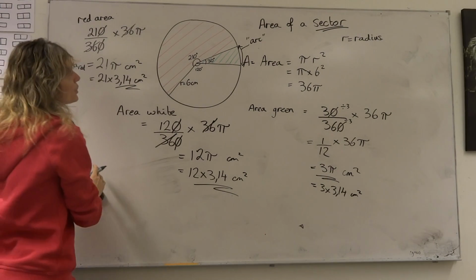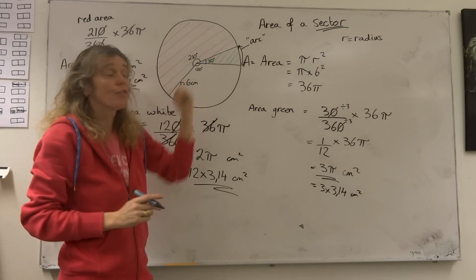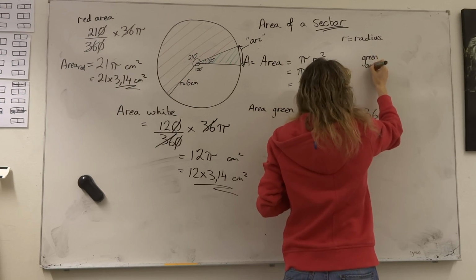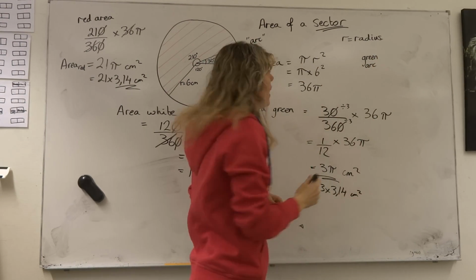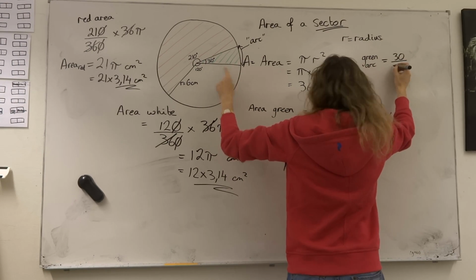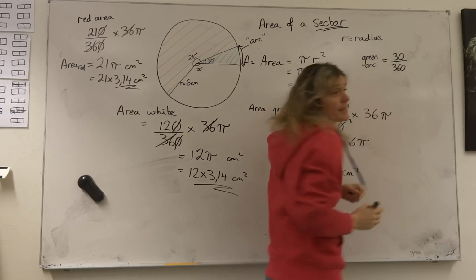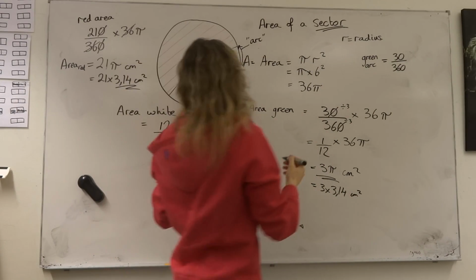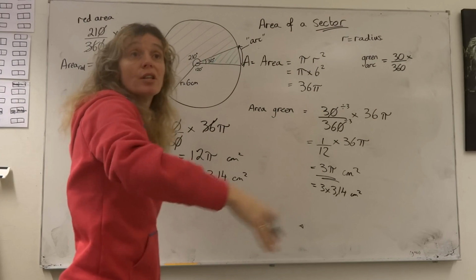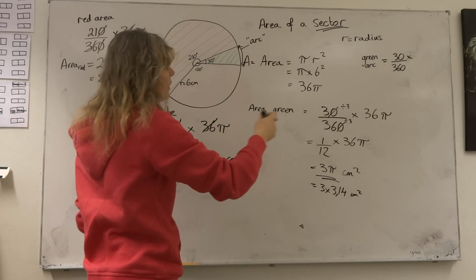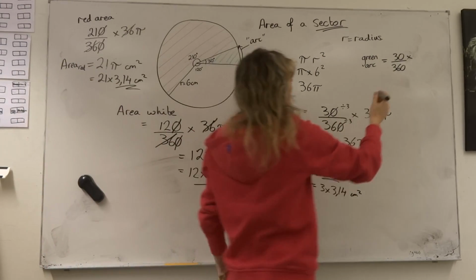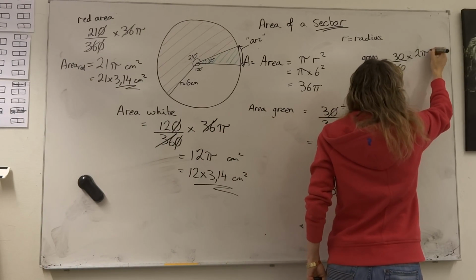So if you would like to know what the length of the green arc is, the length of the green arc would be 30 degrees divided by a full circle, 360, multiplied by the formula we have for circumference. The formula that we know for circumference is 2 pi r.